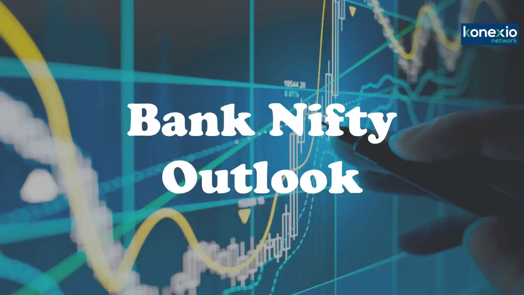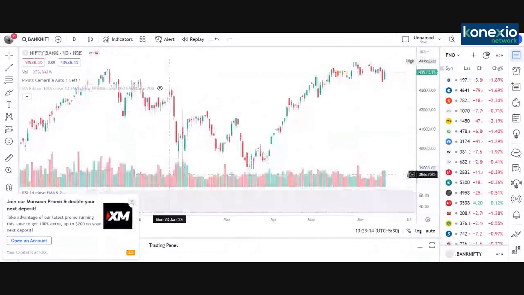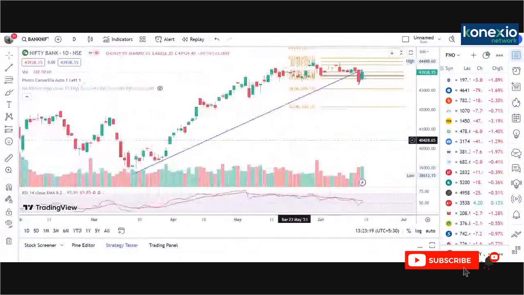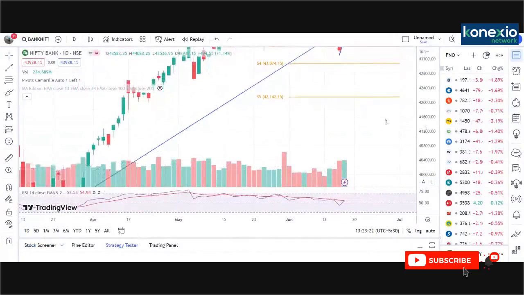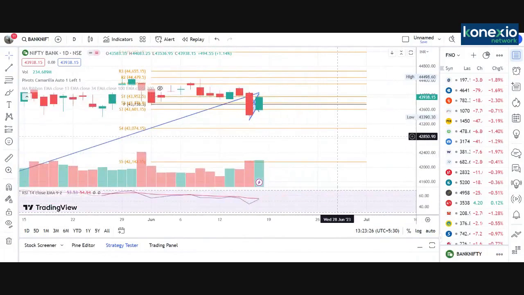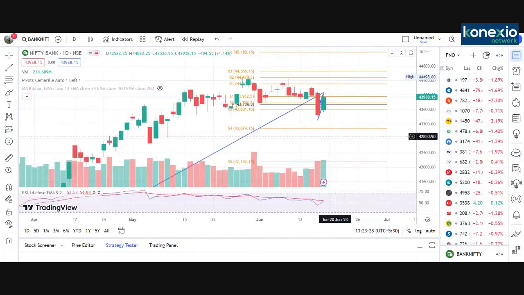Now, friends, let us check out the Bank Nifty charts. In the Bank Nifty daily charts, you will see that Bank Nifty struggled last week, and at the end of the week, that is on Friday, we have seen Bank Nifty form a kind of inside day candle, or you can also consider it as a bullish harami candle, as termed in Japanese candlestick theory.